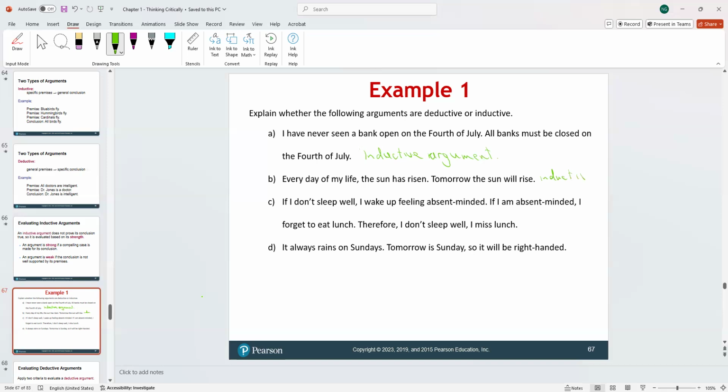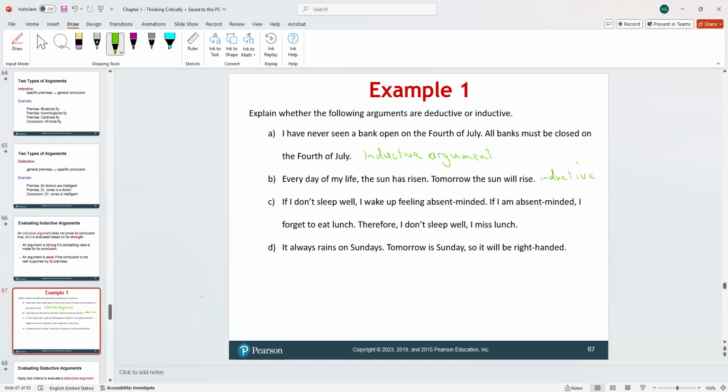Okay, I don't know how many examples I take, whether all of them are inductive or not, so we can try that. If I don't sleep, we're going to try another one. If I don't sleep well, I wake up feeling absent-minded.